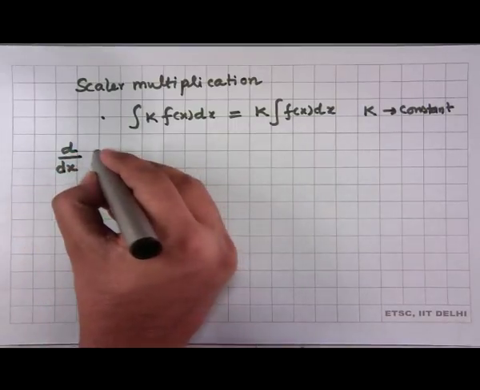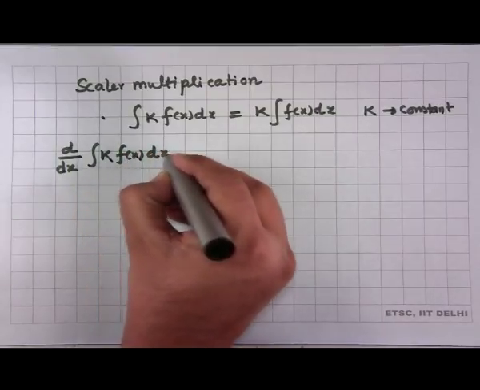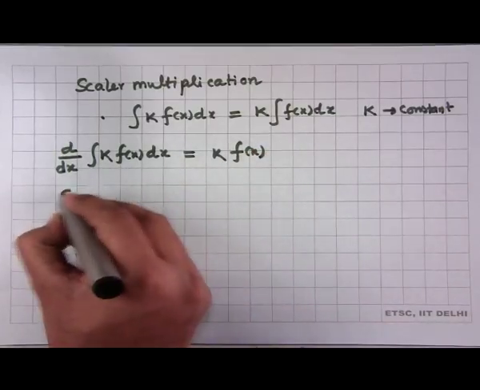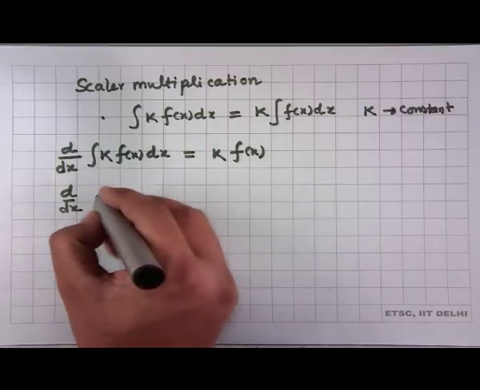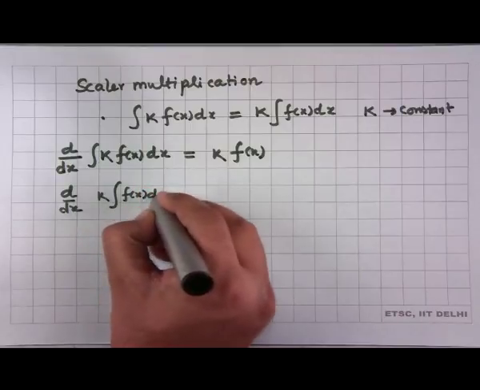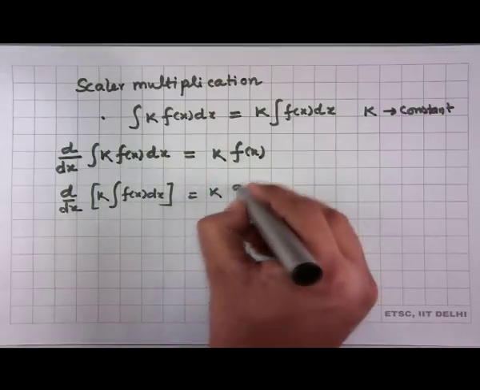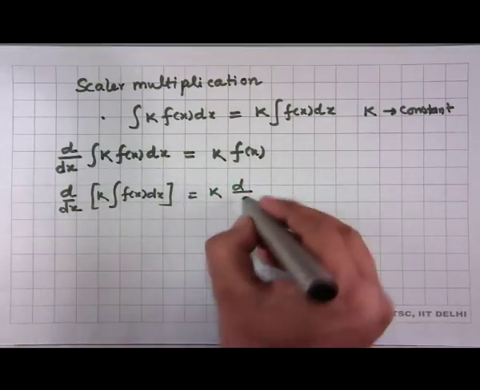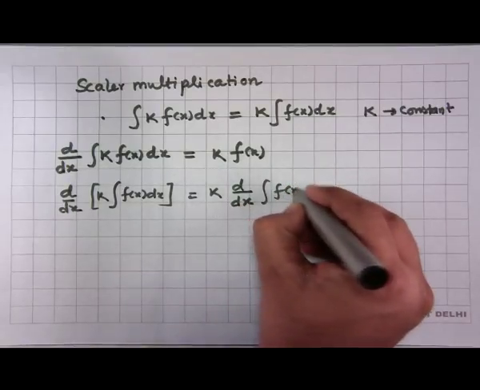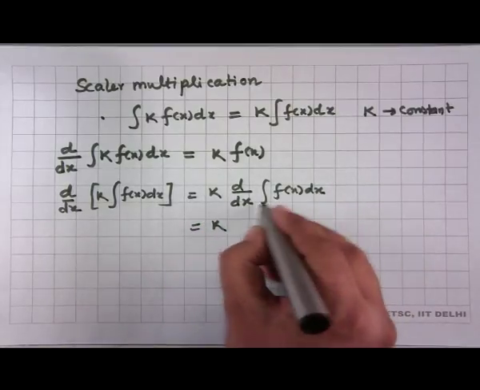D by dx of the left hand side turns out to be k f x, and d by dx of the right hand side, we know that the scalar k can be taken outside from the differential operator, giving us again, using property 1, k f x.